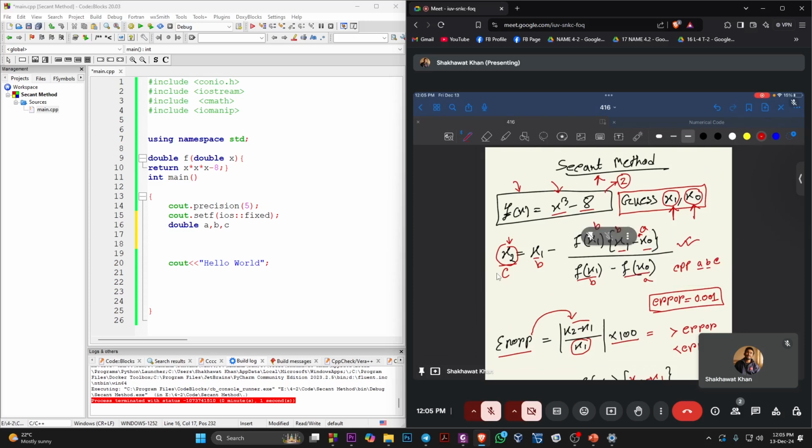Here a, b and c is okay, so that's why I'm declaring this variable, and 1 for error value. Then for our problem, we would like to guess the initial guess.